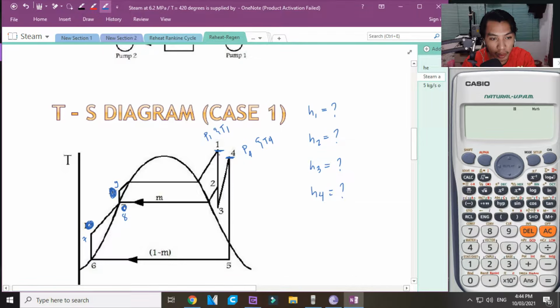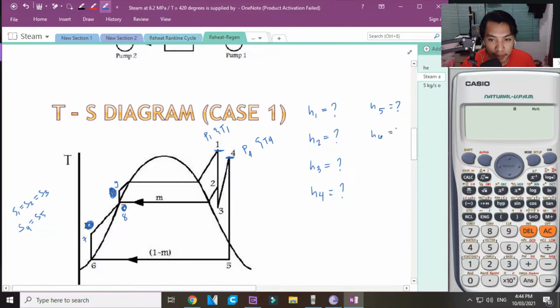Yan. Dito, constant entropy line. So, masasabi nating, note natin, S1 is equal to S2 is equal to S3. Ito rin, constant entropy line, that is S4 is equal to S5. Okay. So, H4, hindi natin alam. I think, si H5, hindi rin natin alam.